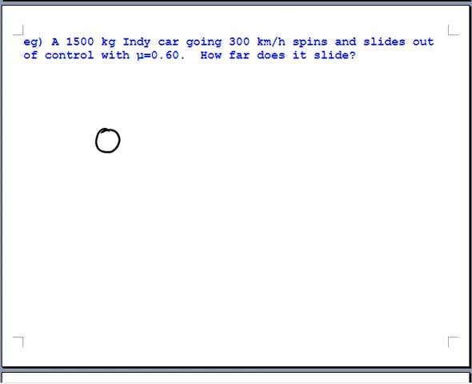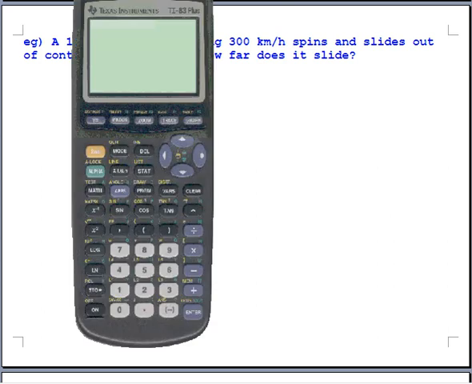What forces act on a car if you're skidding? Well, there's gravity. So that's a force that we know. 1,500 times 9.8.